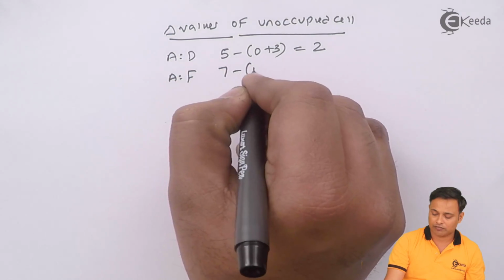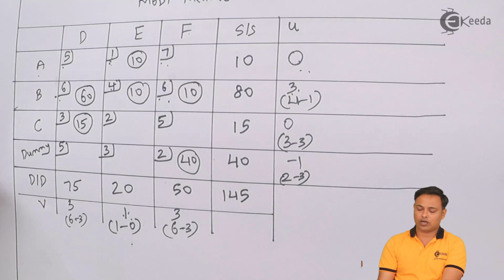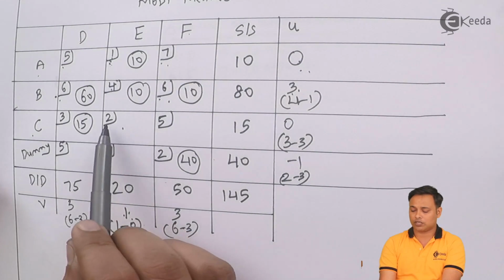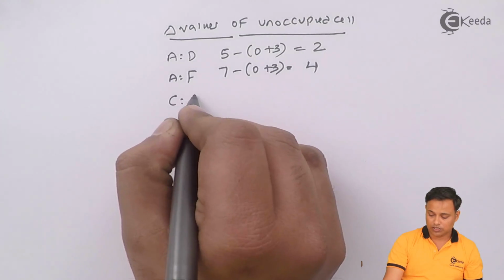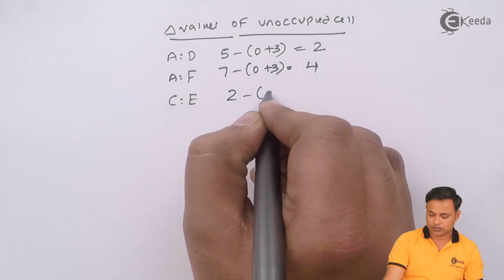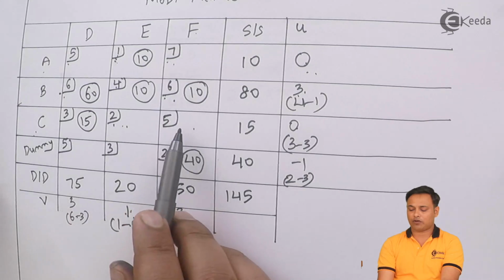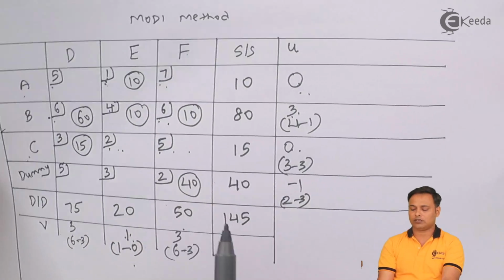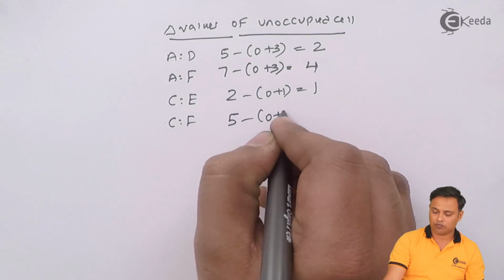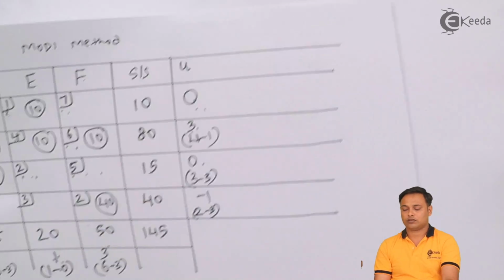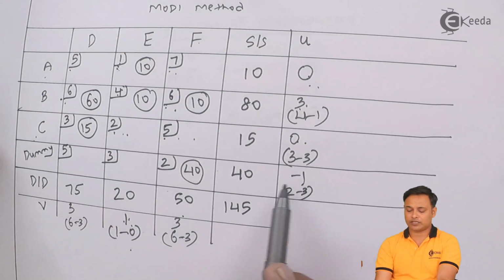My next unoccupied cell is CE, cost is 2 minus 0 plus 1, which is 1. Next is CF, cost is 5 minus 0 plus 3. Next we have dummy, where the cost is 5, 5 minus 1 plus 3.